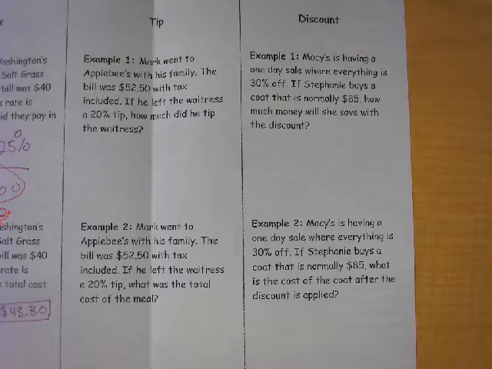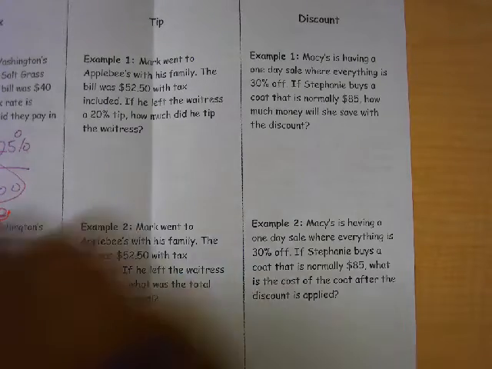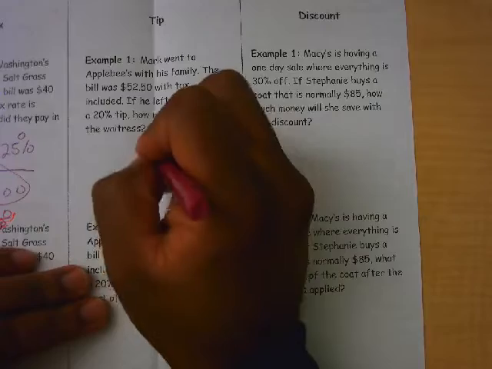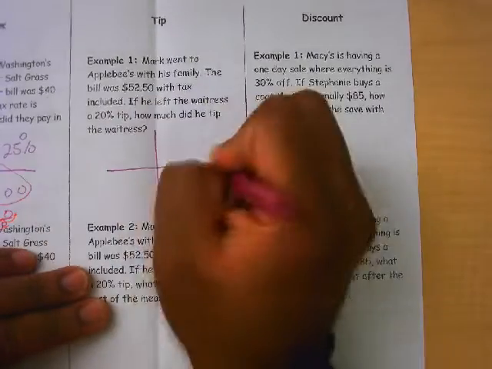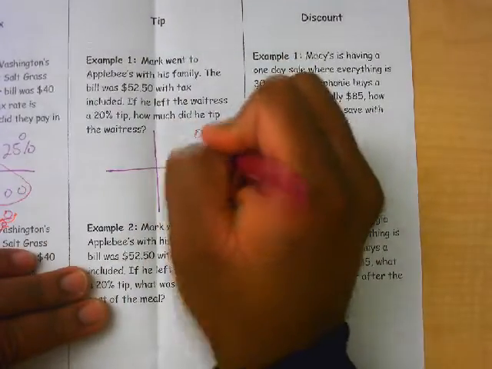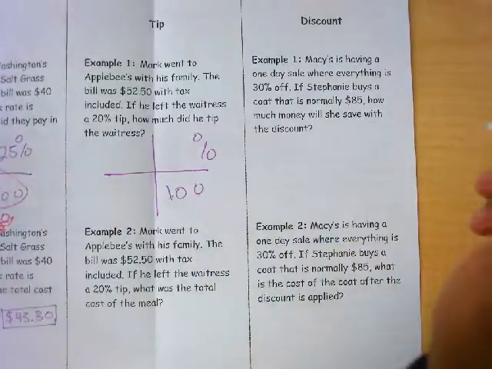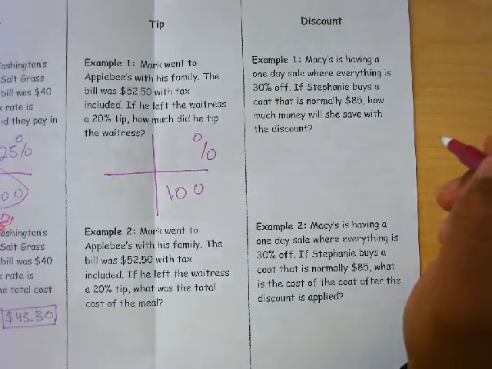So what was my whole bill? So I'm going to tip 20% of that bill and then add it on to that bill. That's my whole bill. So we start with the box because there's a percent. What's my percentage here?